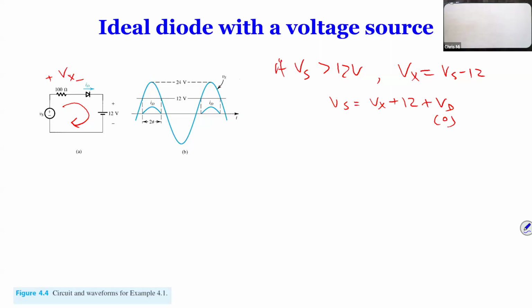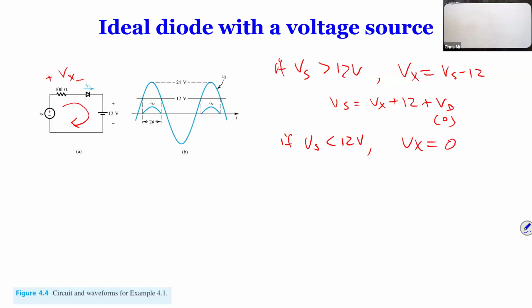Now Vs is a sinusoidal waveform. Therefore, really, what you're doing is just simply shifting that down. So that's what you see, the little hat in the middle of the sinusoidal waveform peak. You move everything down by 12. So if Vs is less than 12 volts, it's not going to conduct.